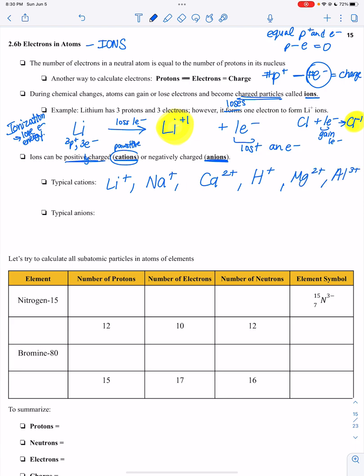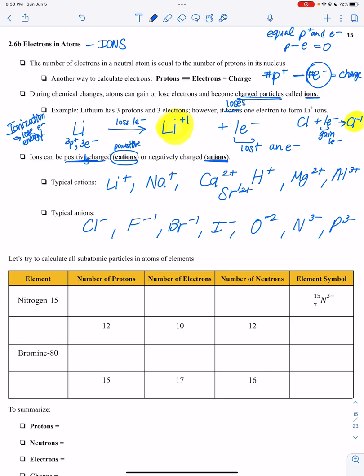Aluminum could do 3 plus. Strontium could do 2 plus, and so on and so forth. And then typical anions could be things like chlorine minus 1, fluorine minus 1, bromine minus 1, iodine minus 1. I could do oxygen minus 2, nitrogen minus 3, phosphorus or phosphide minus 3. All of these are different examples of cations and anions.